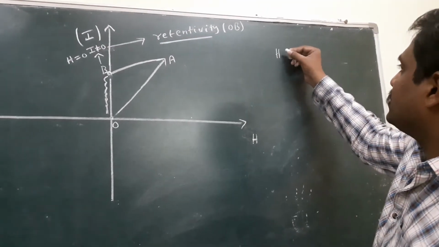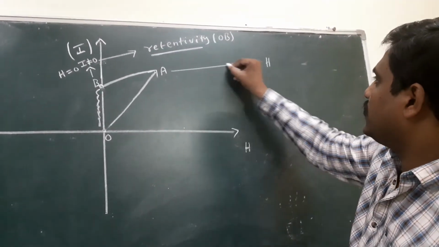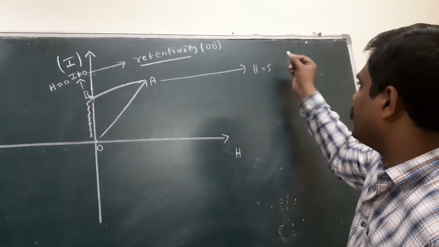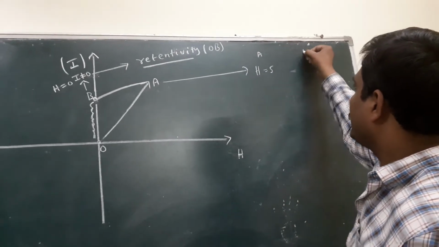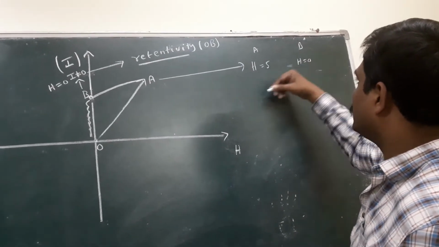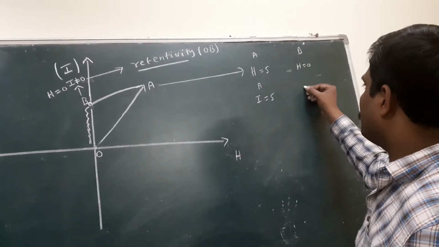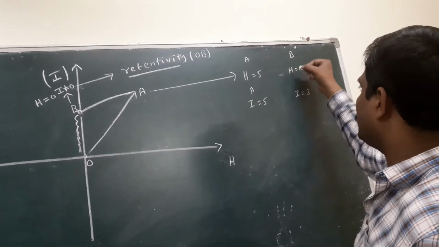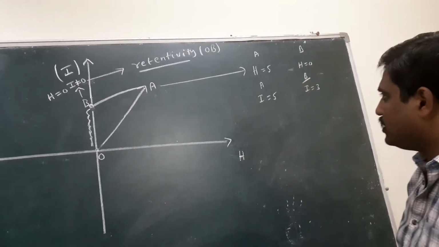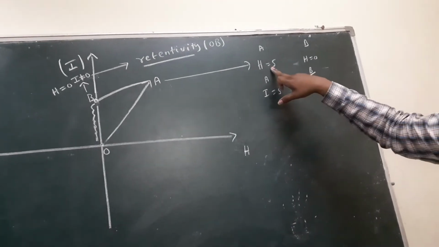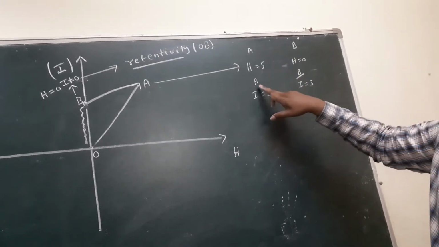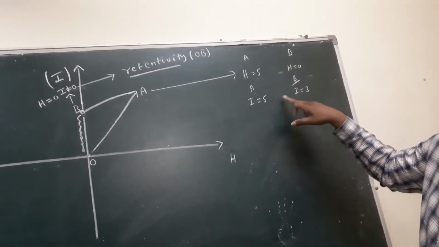Initial H at A, for example, at A the H value is 5, at B the H value becomes 0. At A the I value is also, for example, 5, but at B the I value becomes 3. That means H value from A to B goes to 0, while I value from A to B is not 0, nana.